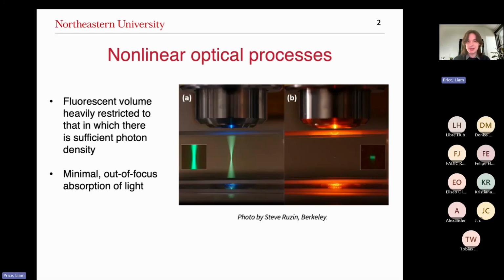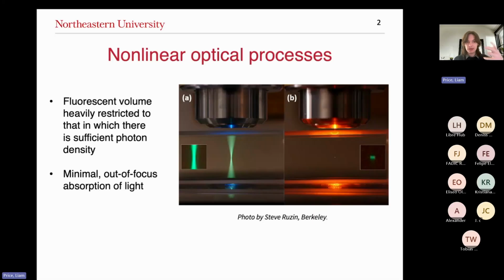We want to be able to really heavily restrict the target volume that we're performing the ablation in, similarly to how 2-photon fluorescence imaging heavily restricts the fluorescent volume that you're actually imaging.